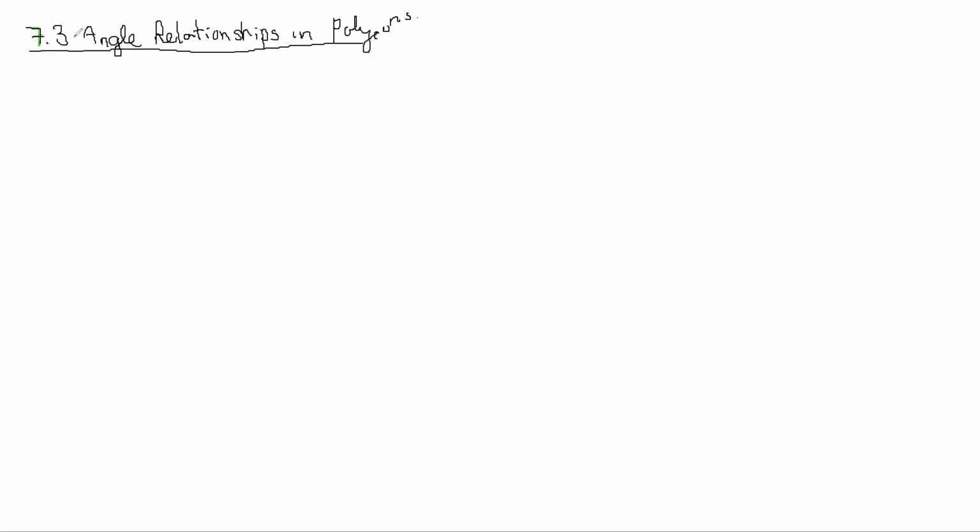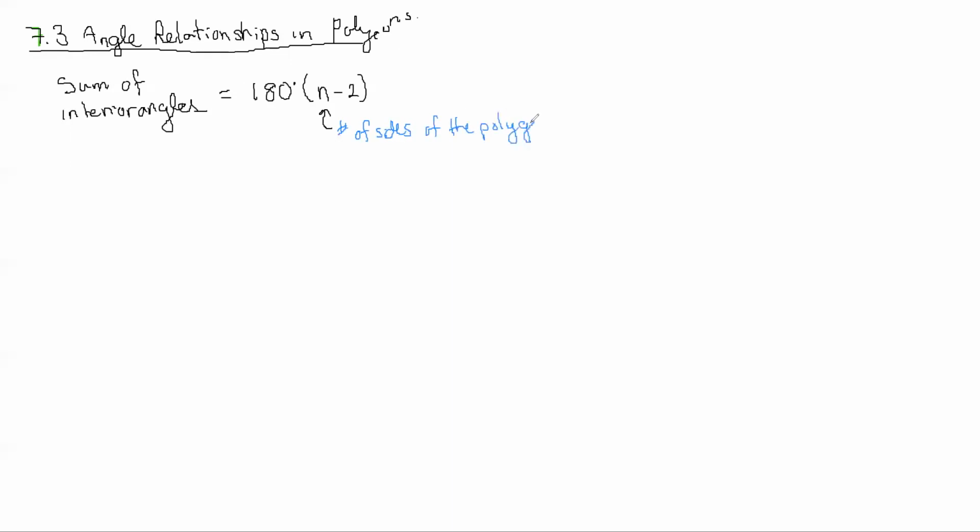The whole point of 7.3 is to come to the point where the sum of interior angles of any polygon is equal to 180 degrees multiplied by n minus 2, where n is the number of sides of the polygon.